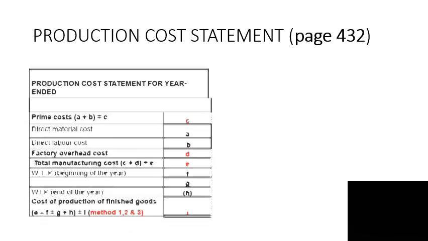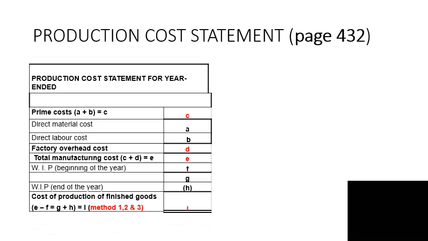So as we are preparing this statement, we need to come up with cost of production of finished goods. The format: our heading is production cost statement for the year ended. The question will remind us of the year.